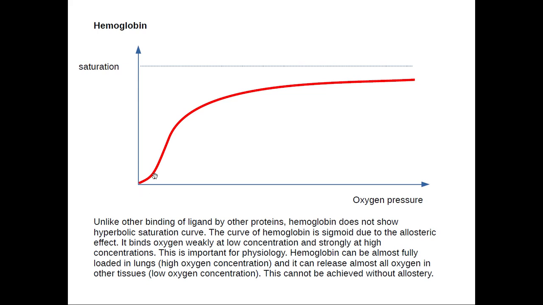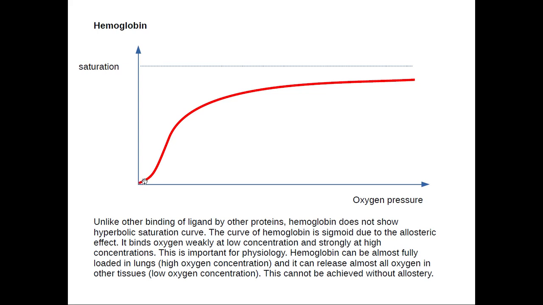And this protein simply binds oxygen with this saturation kinetics, so it's hyperbolic. But hemoglobin has this sigmoid shape. So at very low or zero concentration, there is of course no oxygen bound, zero saturation, no binding of oxygen. That's clear.